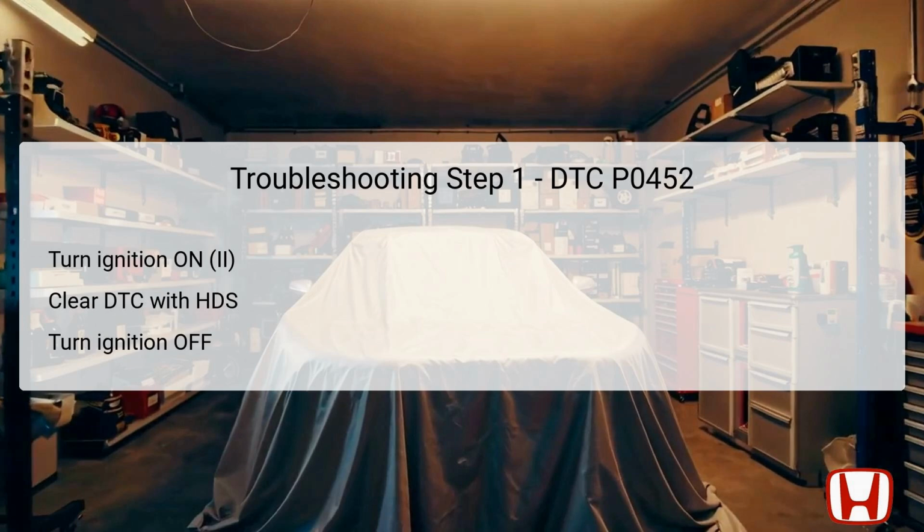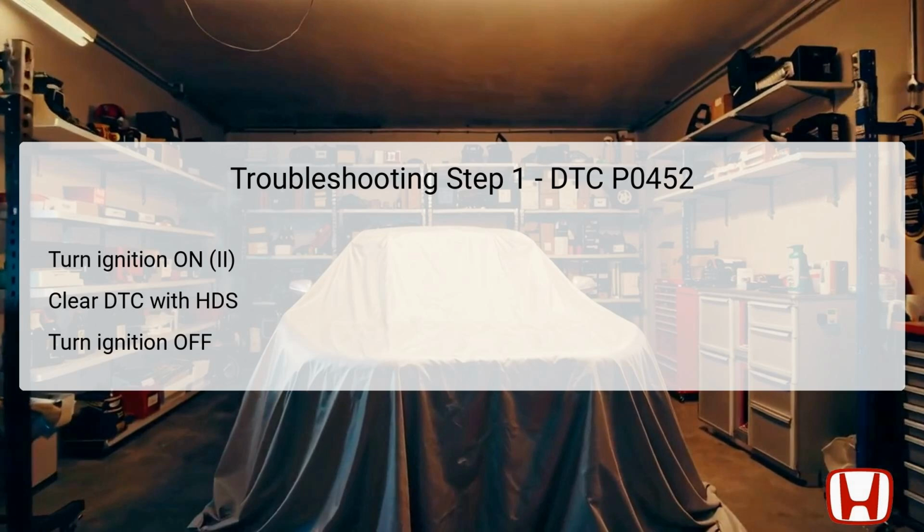The first troubleshooting step involves confirming the DTC P0452 and gathering diagnostic information. Begin by turning the ignition switch to the on position, also referred to as Mode 2. This action powers up the vehicle's electronic systems. Next, clear the DTC using the Honda Diagnostic System, HDS, which allows the system to reset its diagnostic codes and status.